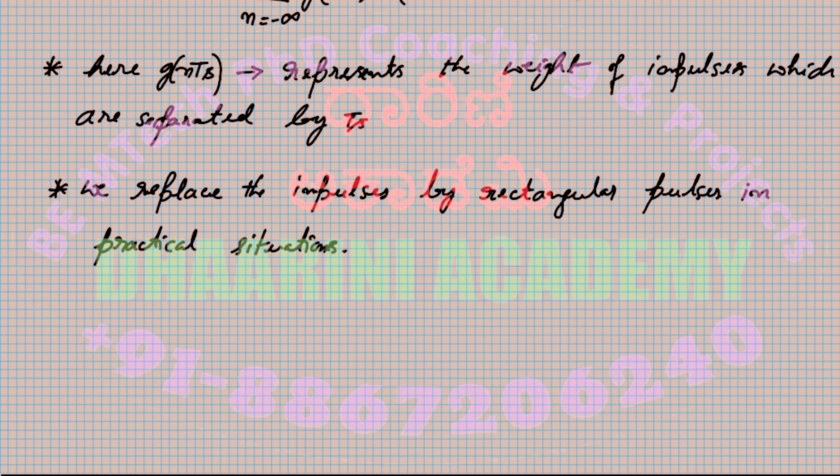This is obvious, right? These rectangular pulses will have an amplitude that is again multiplied by g of n Ts, and a width equal to capital T seconds.